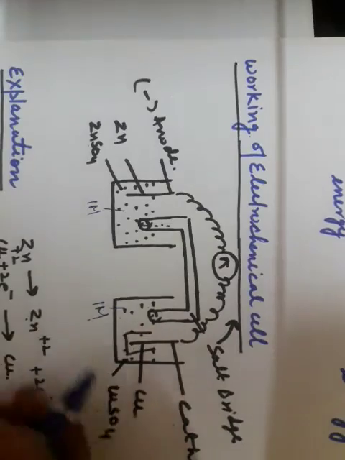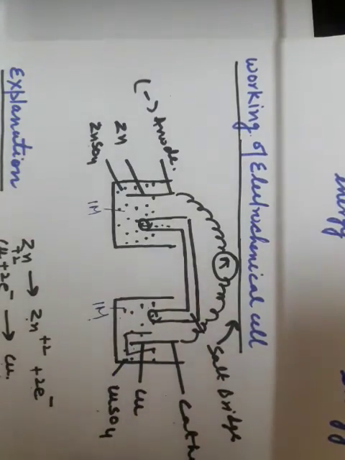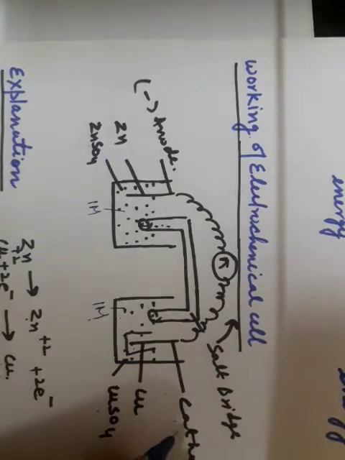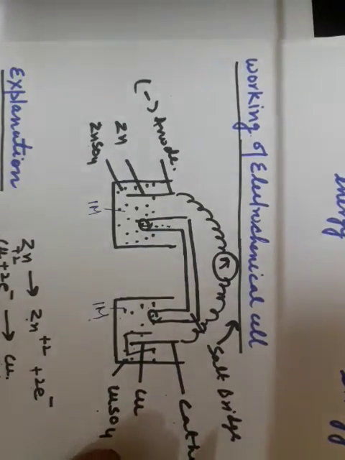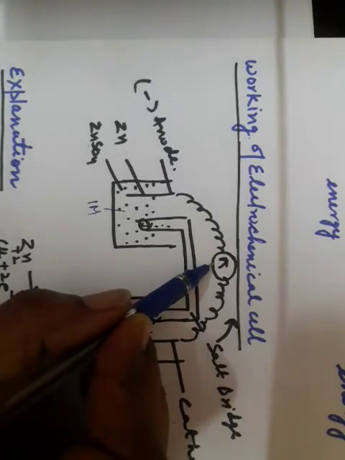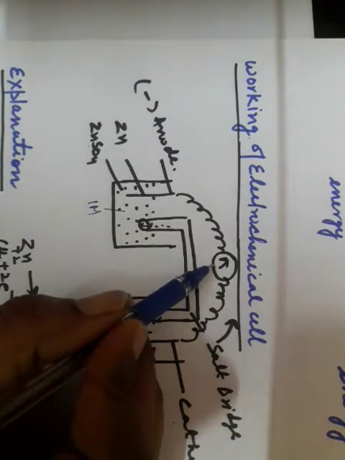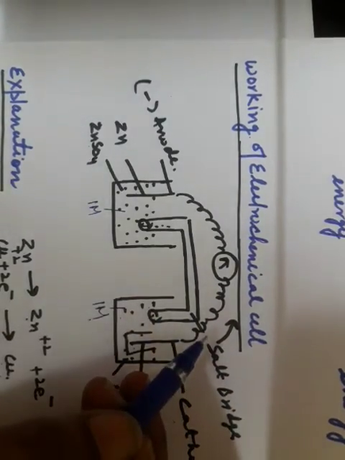See students, with the help of this diagram, how do we come to know where the oxidation is taking place and where reduction takes place, and which one is anode and which one is cathode? That is the question in your mind. Students, with the help of this galvanometer, we find out the oxidation and reduction reaction taking place.